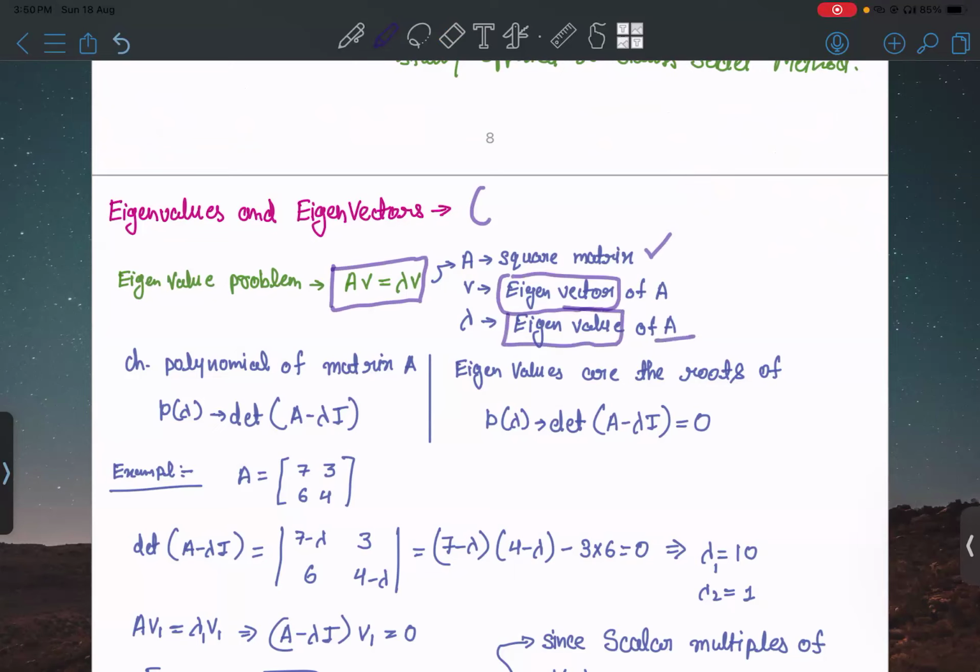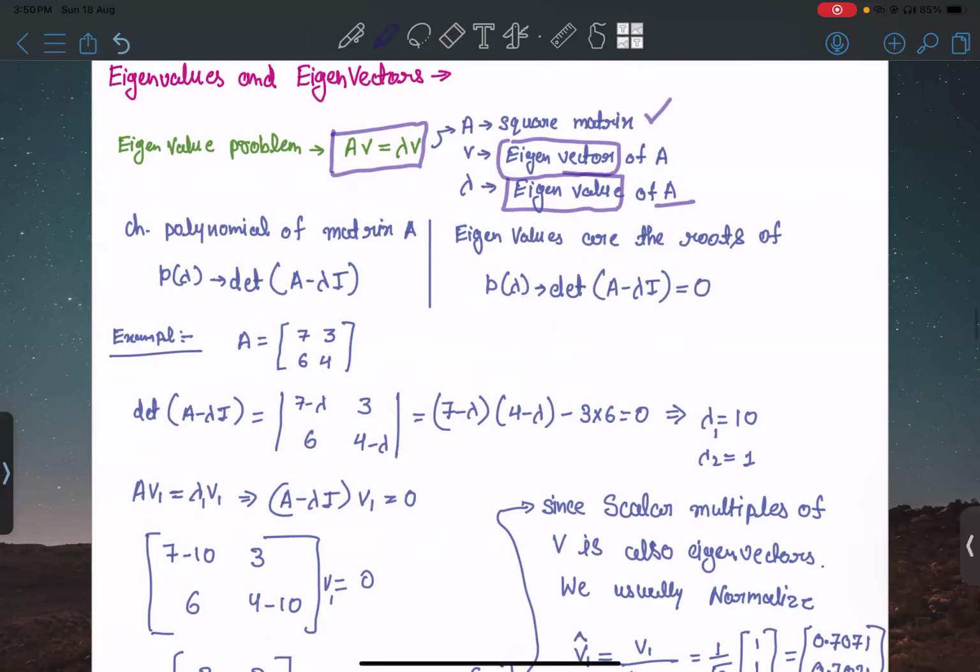If you do not remember what eigenvalues and eigenvectors of a matrix are, you can refer to any linear algebra textbook, such as Advanced Engineering Mathematics. Here we will see numerical methods to find the eigenvalues and eigenvectors of a square matrix.